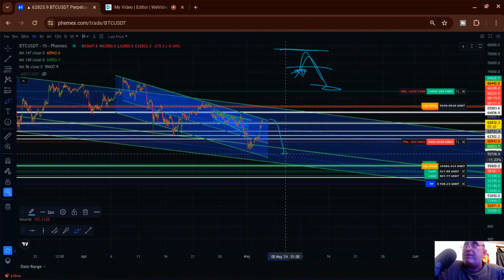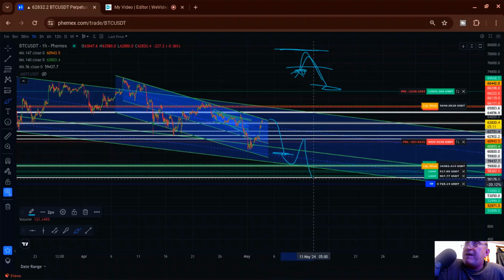And then maybe I nibble into my long position a little more here. My long position is a little bit big right now, so I don't want to add to my long position unless it's really, really low. And what if I'm right and we are stuck in this for an extended time? Bitcoin could very well come down here to 50,000, and all those little longs I have protecting my long liquidation could all trigger, right?